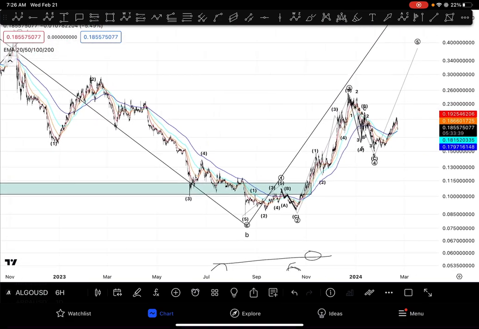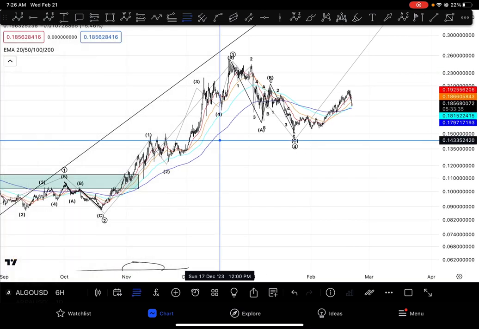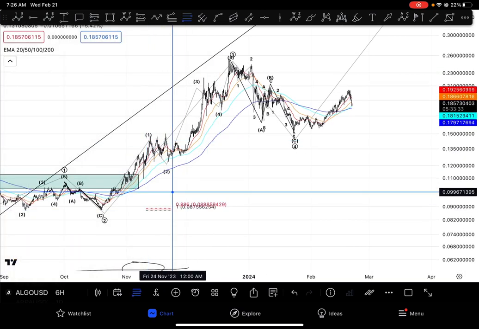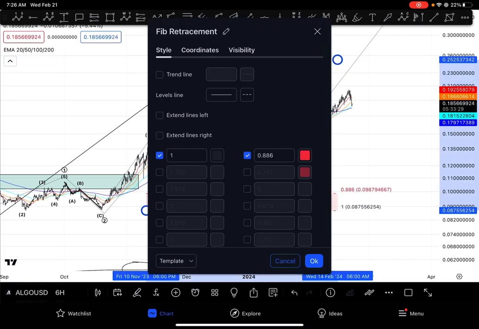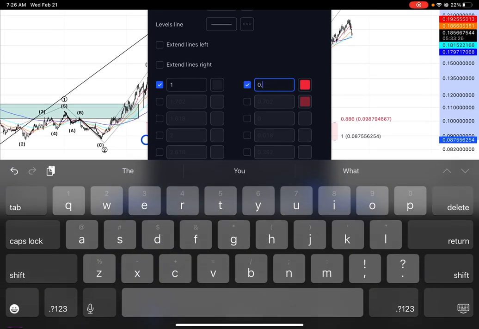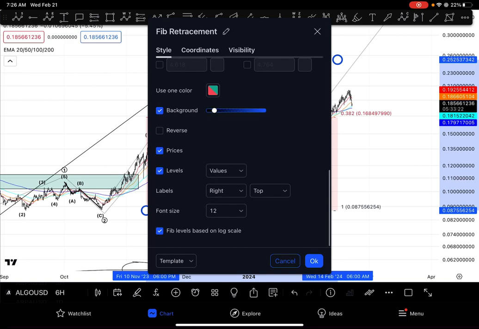Okay, and you can see that if we take a fib to this from the bottom of our wave 2 up to the top of our wave 3, you can see that we perfectly hit the 38.2% fib.